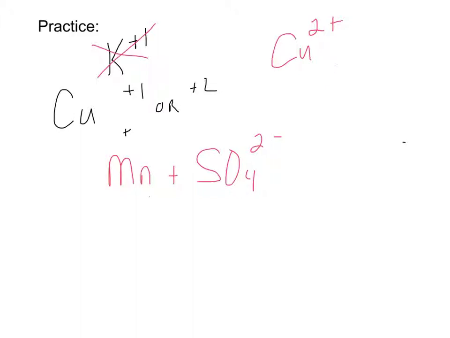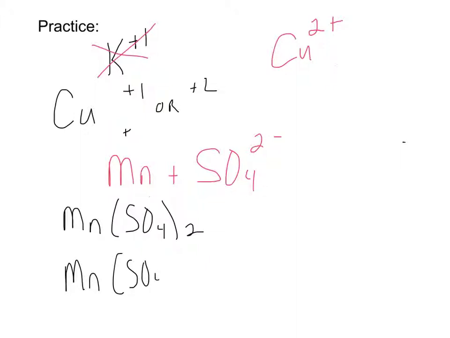So if I see a compound formula that looks like this, MnSO4, and this one has 2 on it, and this one has, let's say, 4 on it, then that's going to tell me what the charge on this manganese is. So this one at number 1 is going to be manganese.